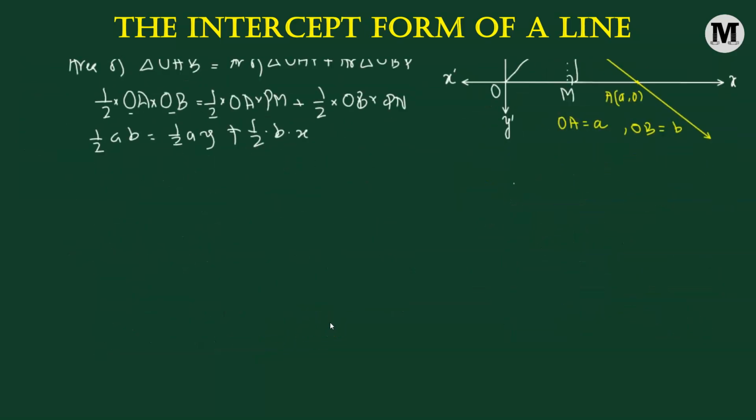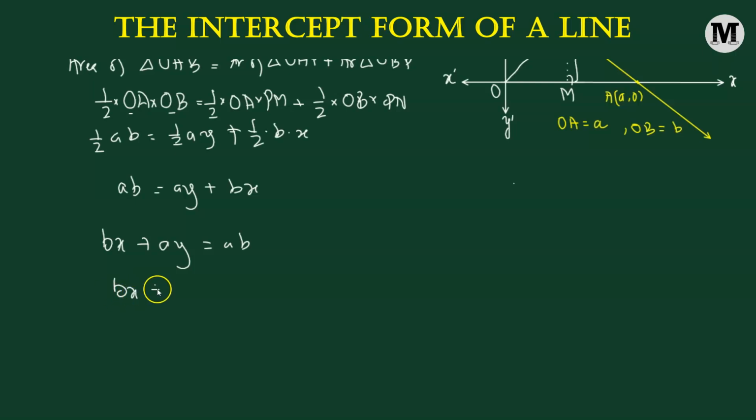Okay, so let's rearrange the terms, and first we are going to get rid of the common factor, which is half. So this is going to give us AB equals AY plus BX, or we can rearrange the terms to get BX plus AY equals AB. Now let's divide throughout by AB.